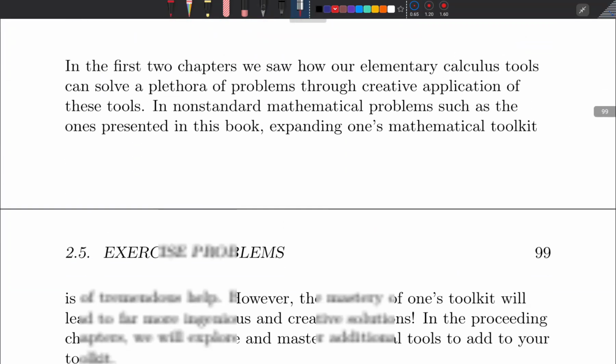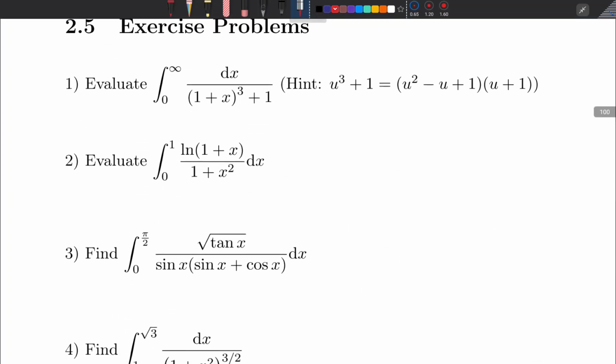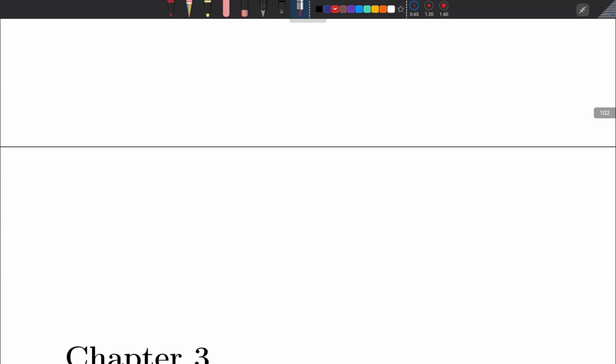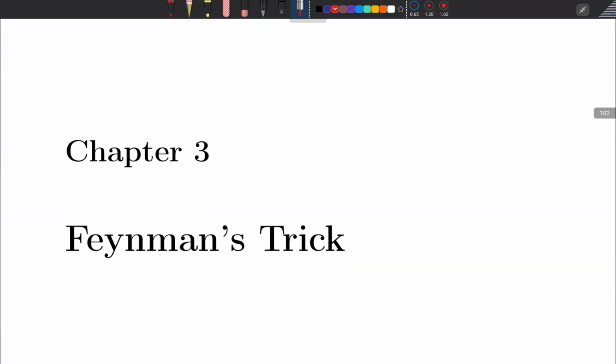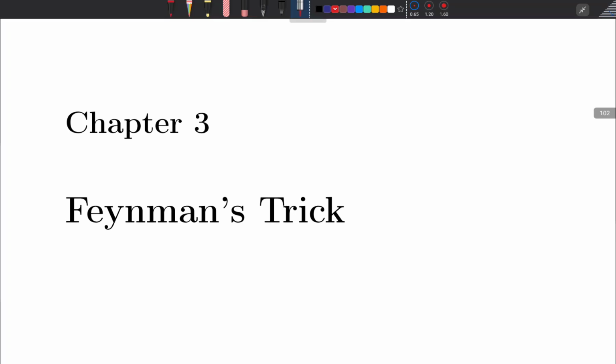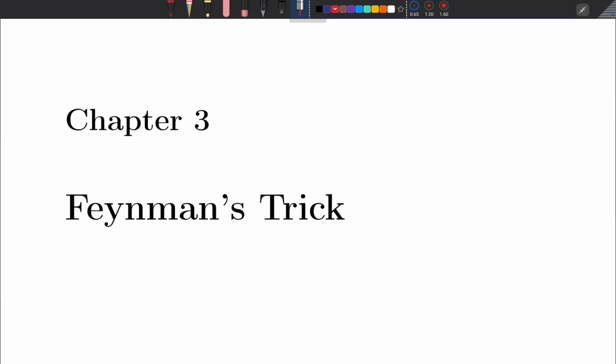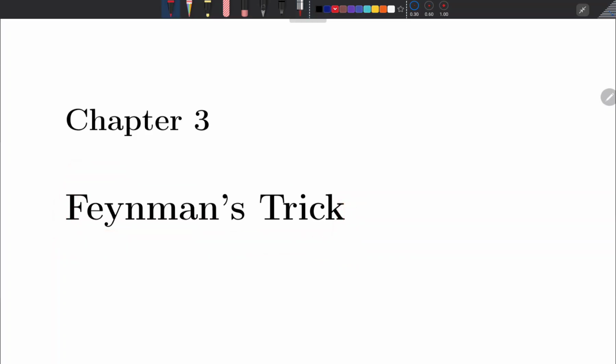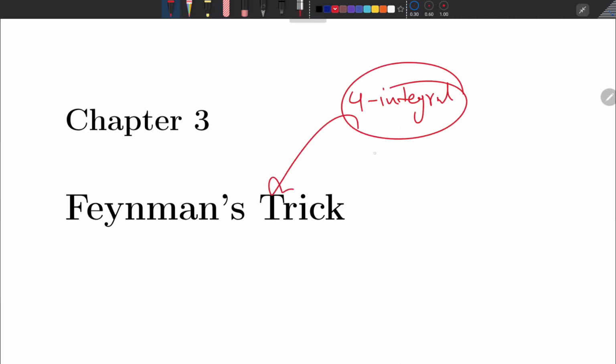Okay, now let's go further, and we are here with our exercise problems, and I think we are done with this chapter. Our next chapter is Feynman's trick. This is even more amazing. And guys, in one of my previous videos I have discussed 4 integrals using the Feynman trick, that was differentiating under an integral sign.